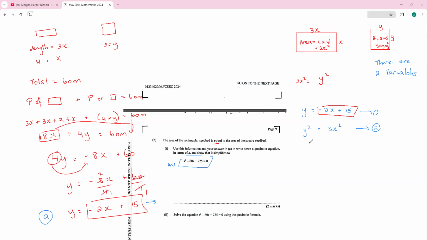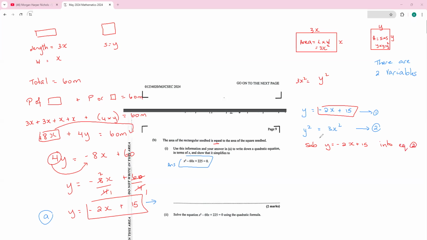So what we can do is substitute y is negative 2x plus 15 into equation 2.